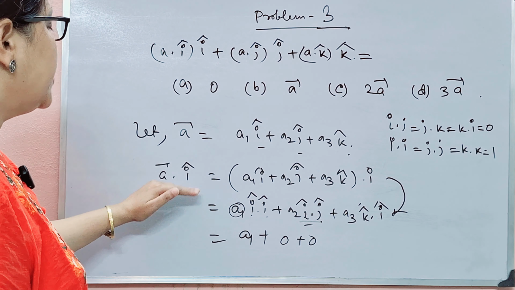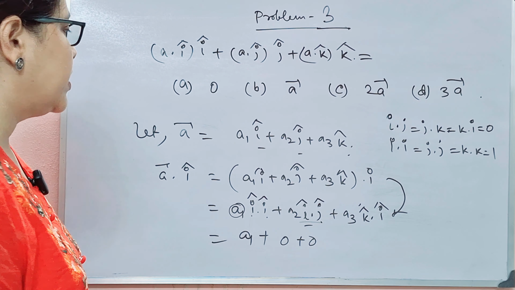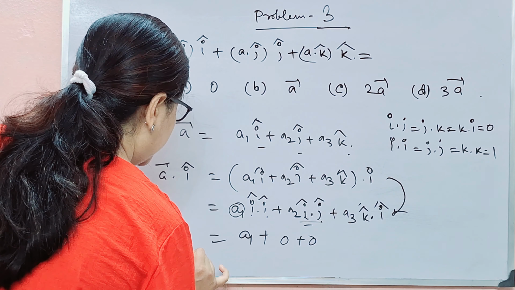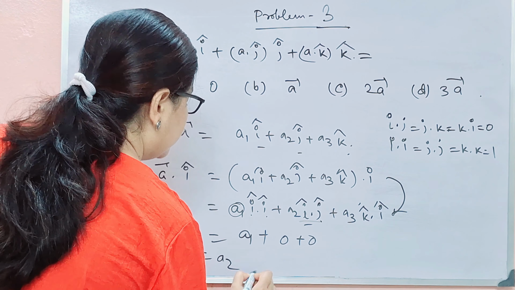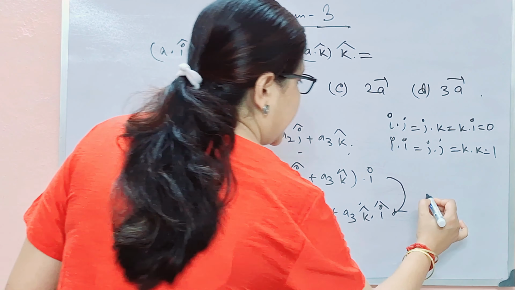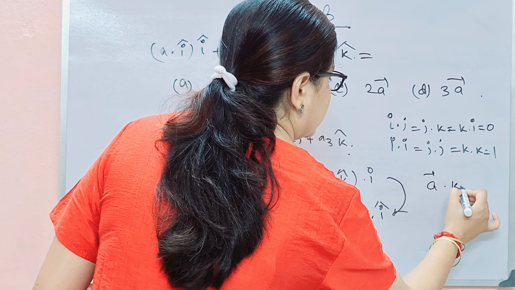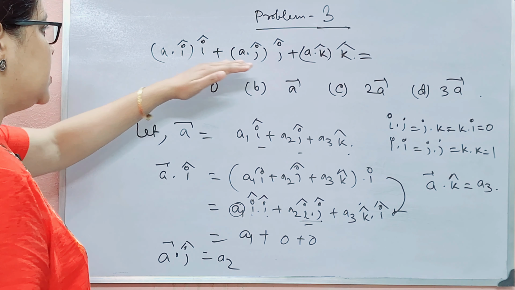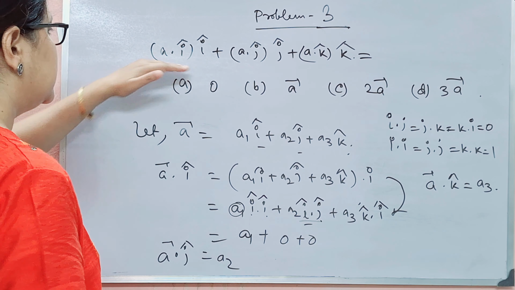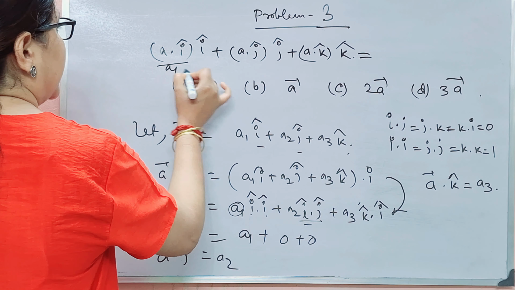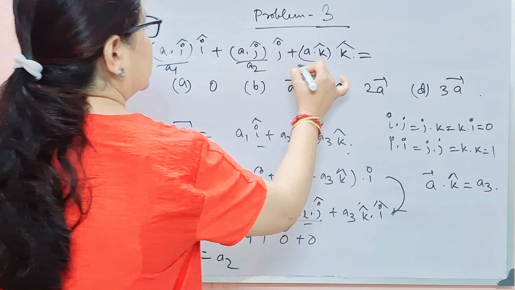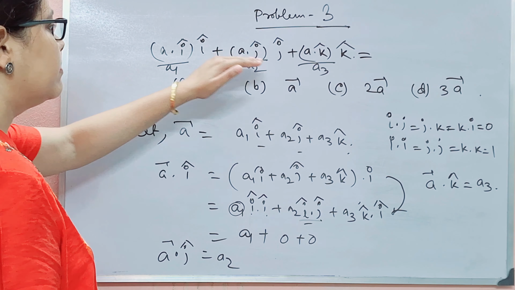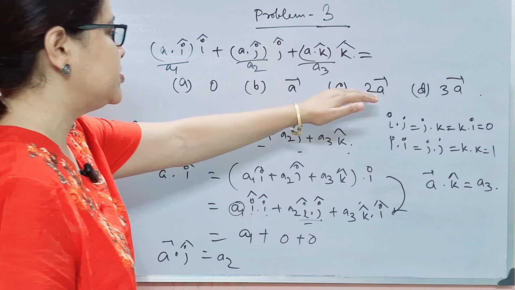So A dot i will be a1. Similarly A dot j will be a2 and A dot k will be a3. So what remains in that expression is a1 i plus a2 j plus a3 k.